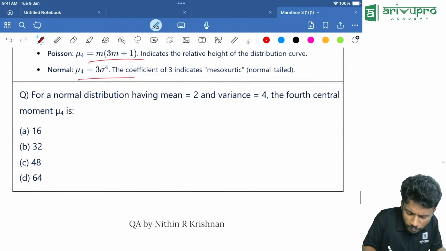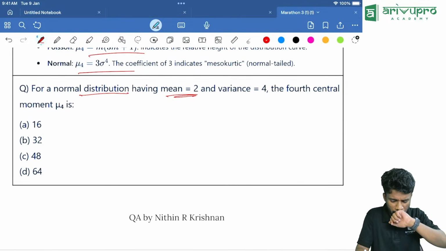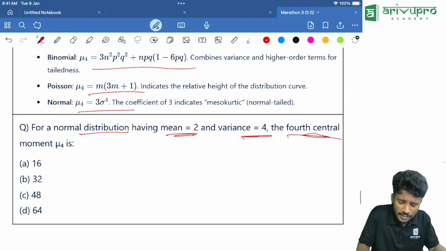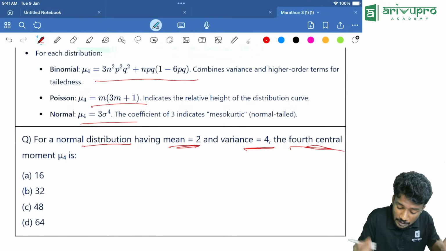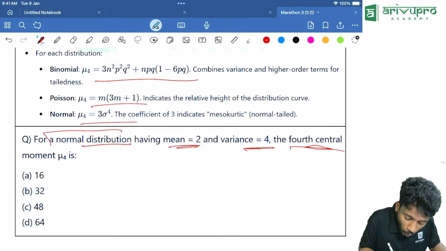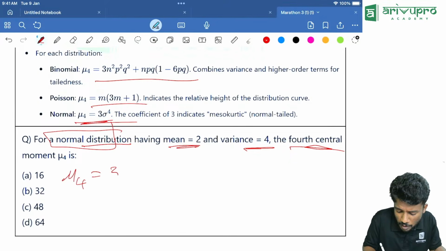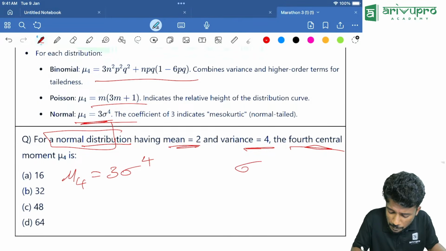Now, for a normal distribution having mean equal to 2 and variance equal to 4, find the fourth central moment. So they are asking to find the fourth central moment for the normal distribution. We have a formula for the fourth central moment. Mu4 is 3 sigma raised to 4. First we need to know the value of sigma. Sigma square is given as how much? 4.